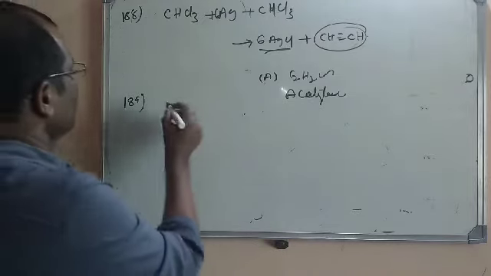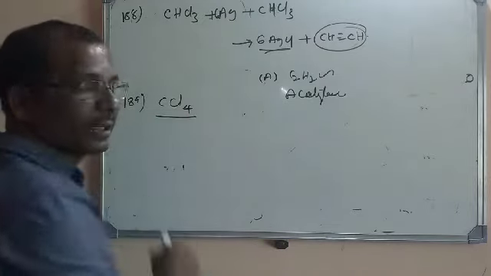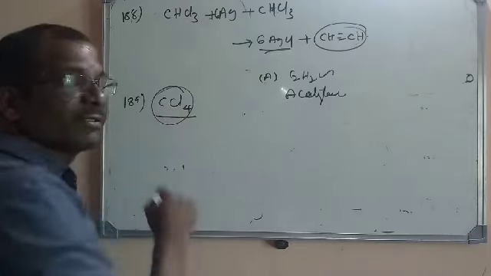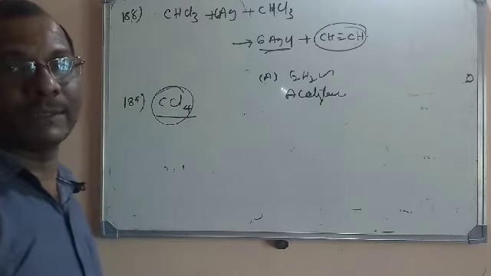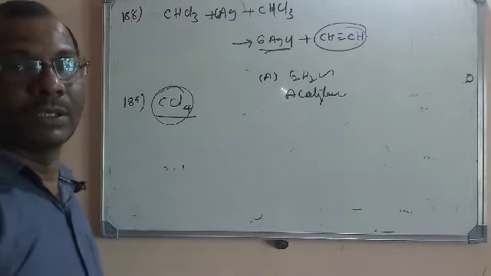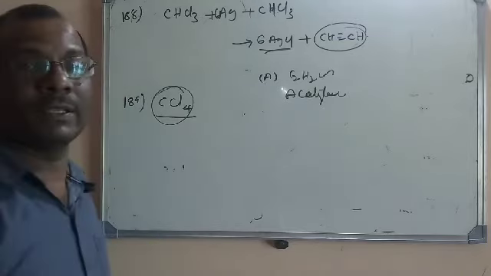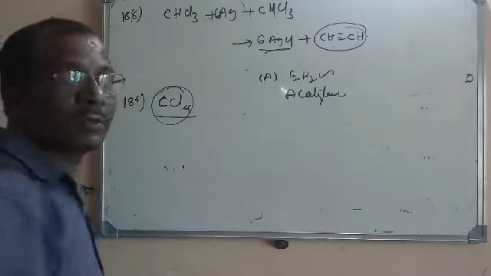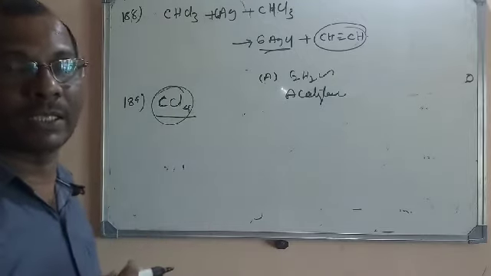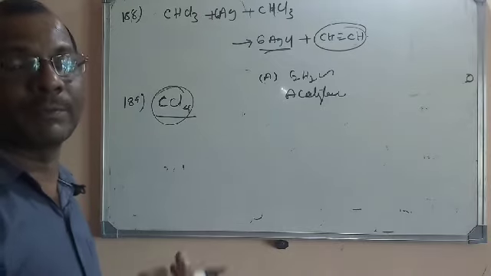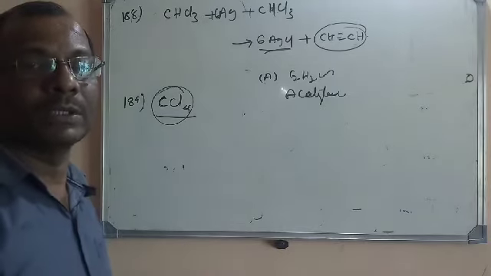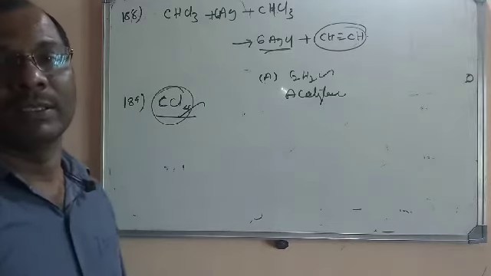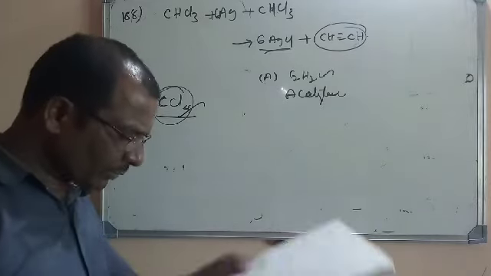Yes, CCl4 is used as pyrene to extinguish fire, because carbon tetrachloride will provide a layer on the burning substance and prevent further combustion, so that it will put out the fire. So what is the right option here?